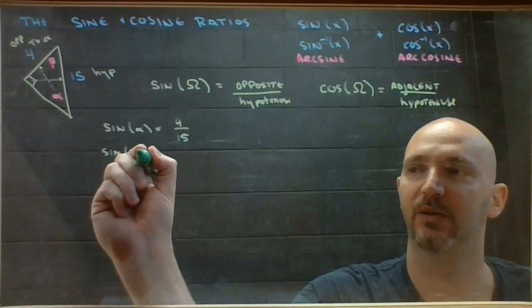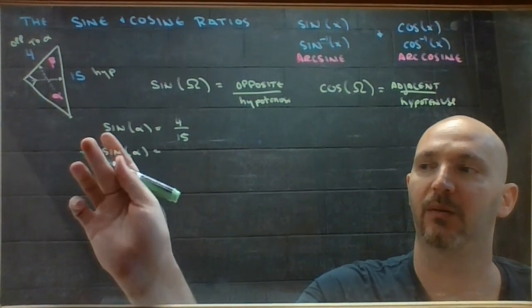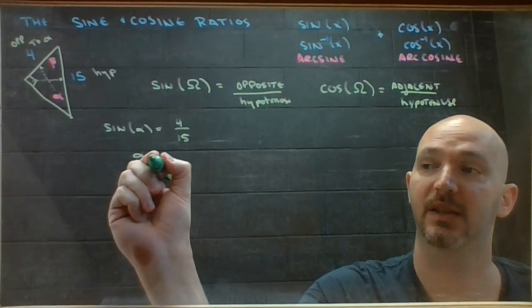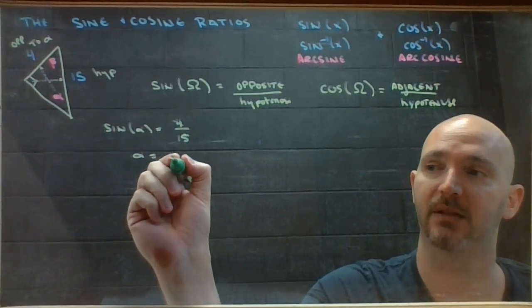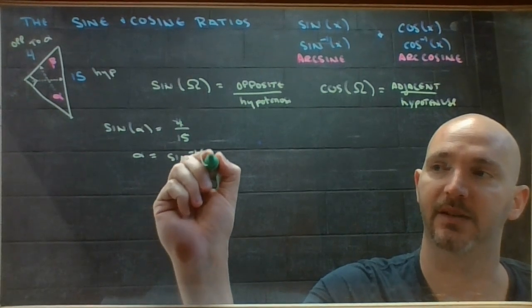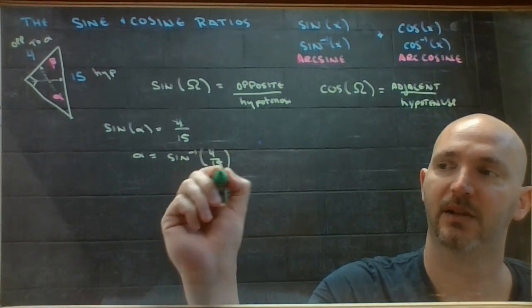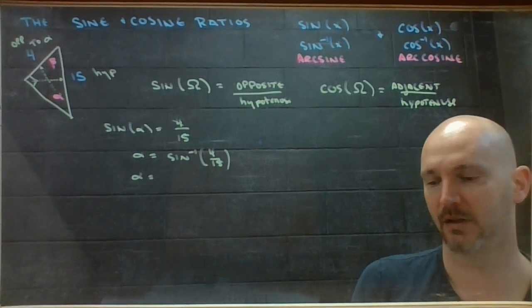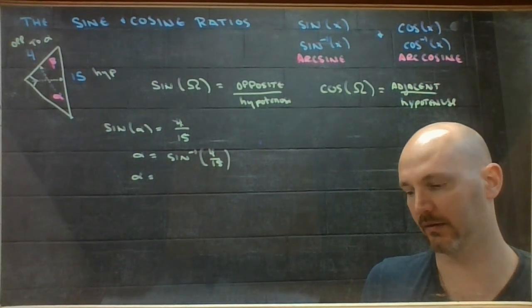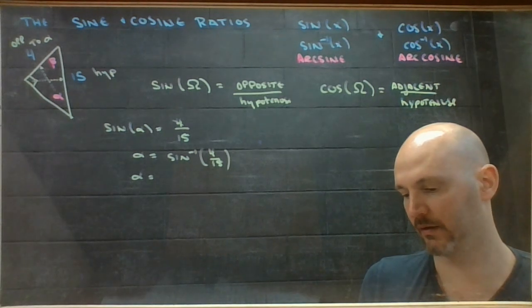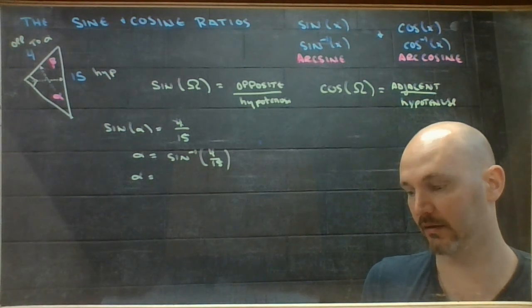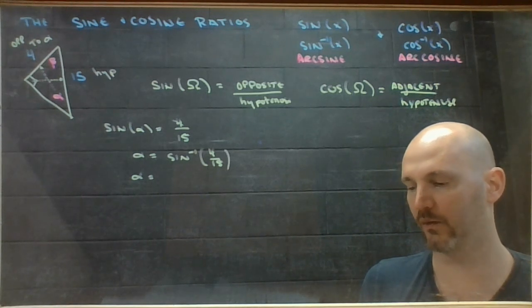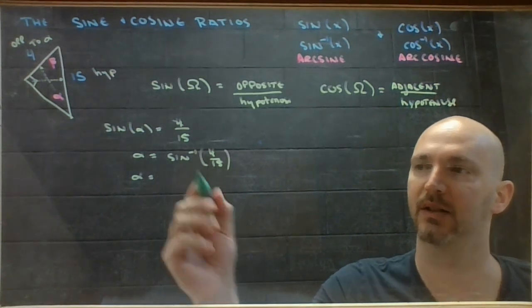So I can just throw the arc sine over there. Just like tan, I need the opposite of the sine function on that side. So I pull an arc sine on the other side, and I will end up with arc sine of 4 divided by 15 is 15.466 degrees.